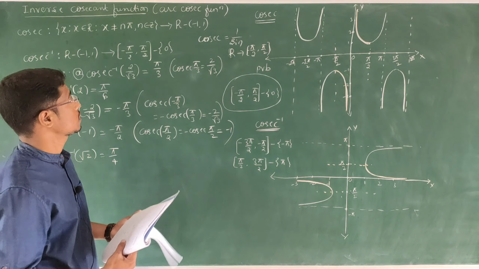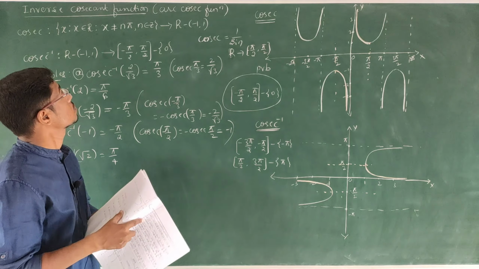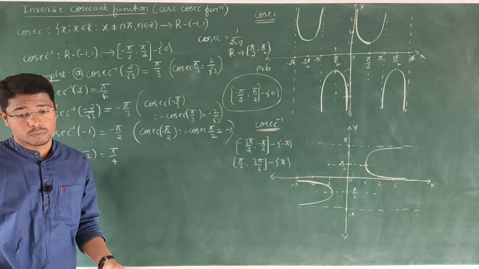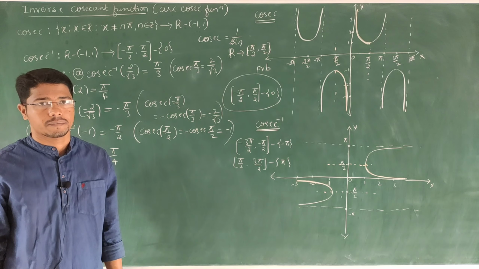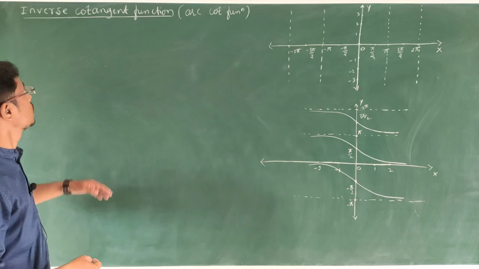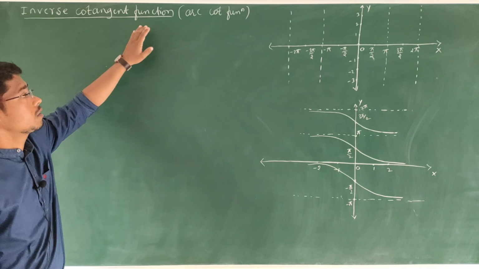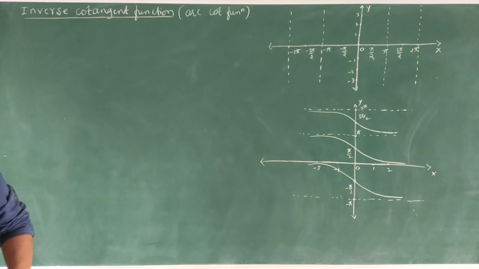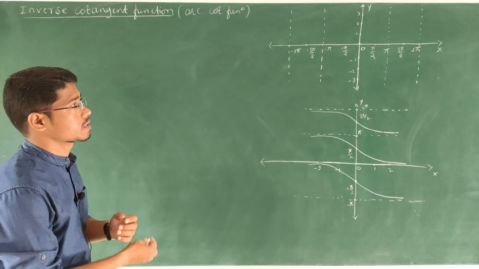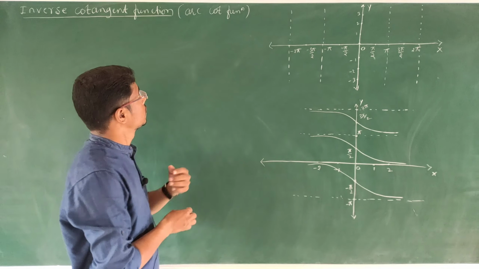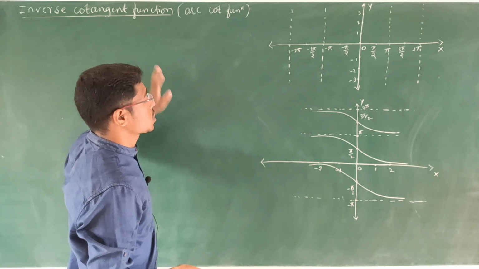So dear students, this is about the inverse cosecant function, or we may call it the arc cosec function. Okay, last function, the inverse cotangent function, or we may call it the arc cot function also. Let us see the cot function first.